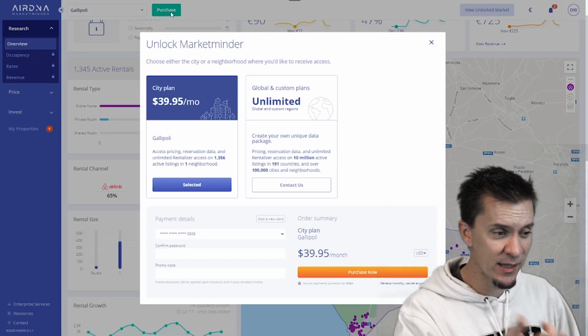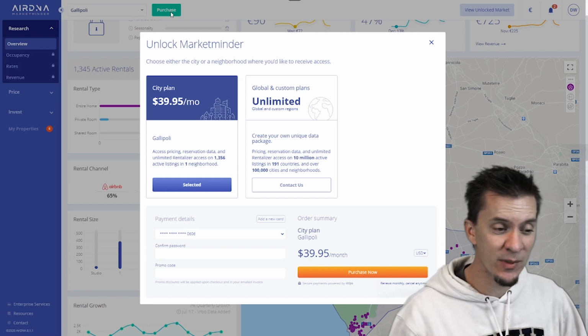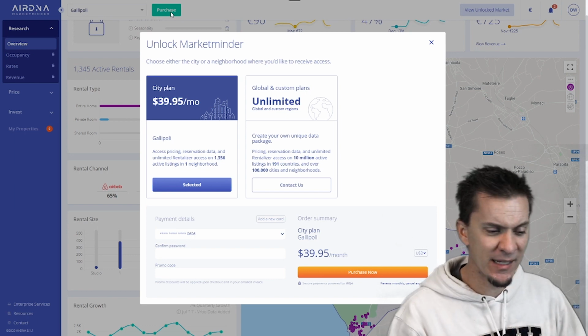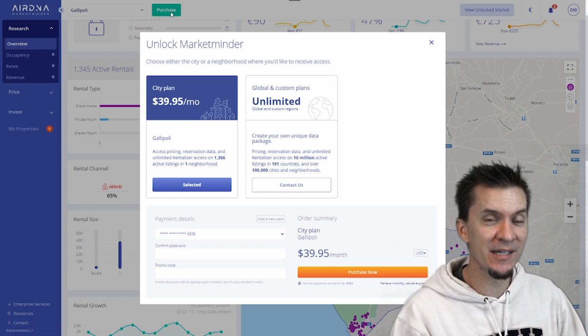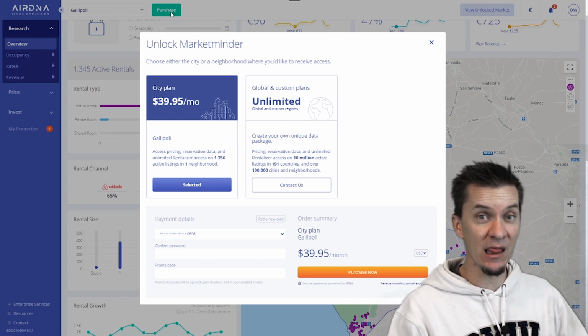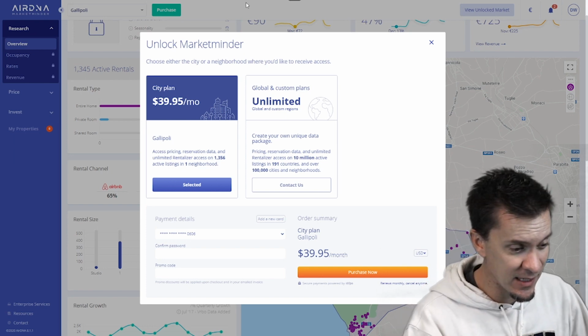So that's what you click purchase, and you can do city plan or global and custom plans unlimited, where you can basically ask for all of Italy. But even all of Italy would actually be pretty expensive, and so I don't recommend it unless you have a large number of properties to invest in.